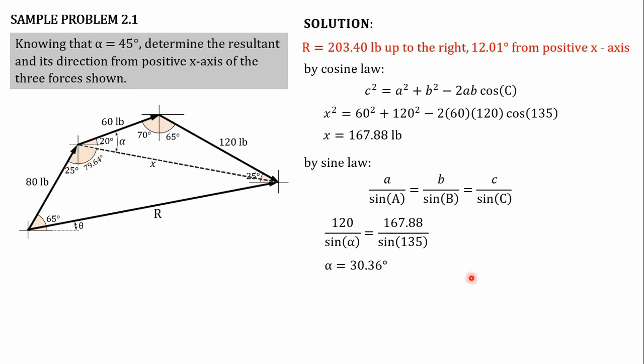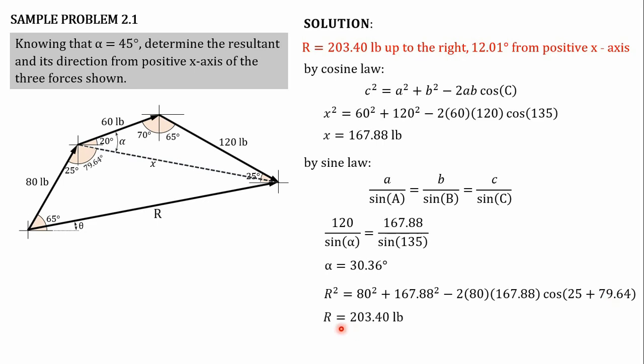Therefore, R squared is equal to 80 squared plus x squared, where x is 167.88, minus 2 times the adjacent sides, 80 and 167.88, times cosine of the included angle, cosine of 25 plus 79.64 degrees. The resultant force is equivalent to 203.40 pounds.